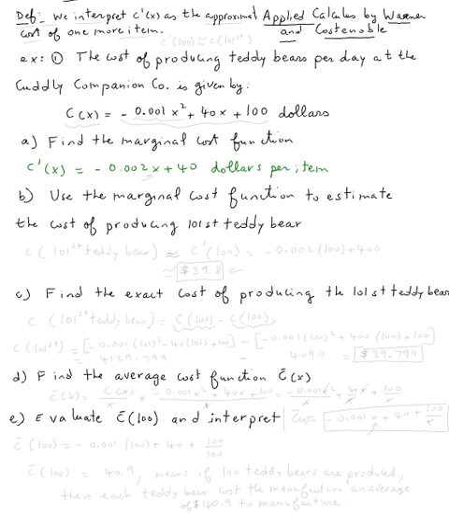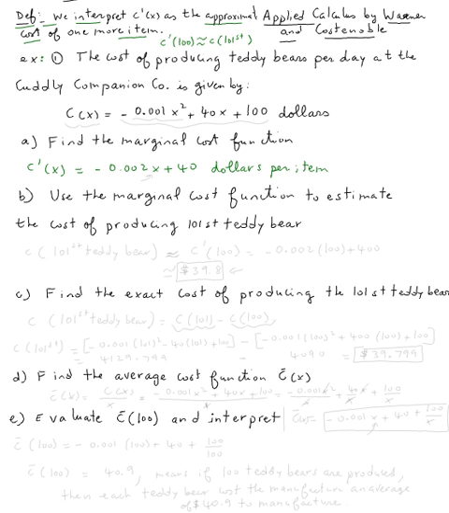For question B, it says use the marginal cost function to estimate the cost of producing the 101st teddy bear. Now here we need to look at the definition. We interpret C prime of x, or the derivative of the cost of x, as the approximate cost of one more item. In other words, C prime of 100 will be the approximate cost of the one more item, the cost of the 101st item.